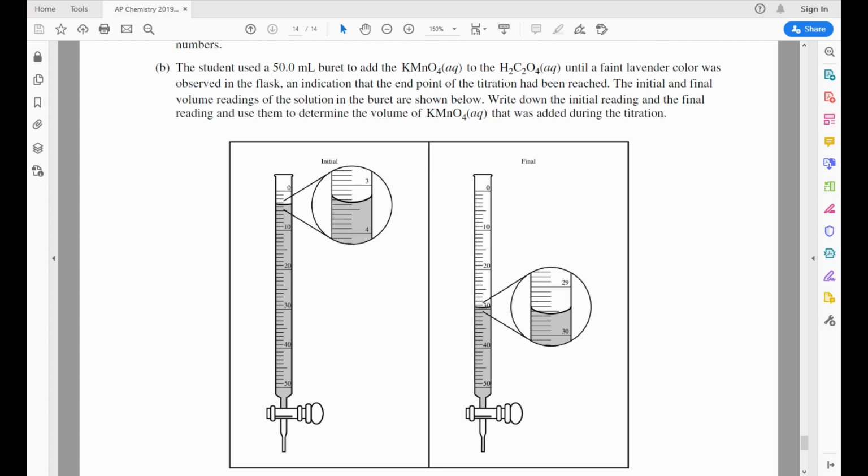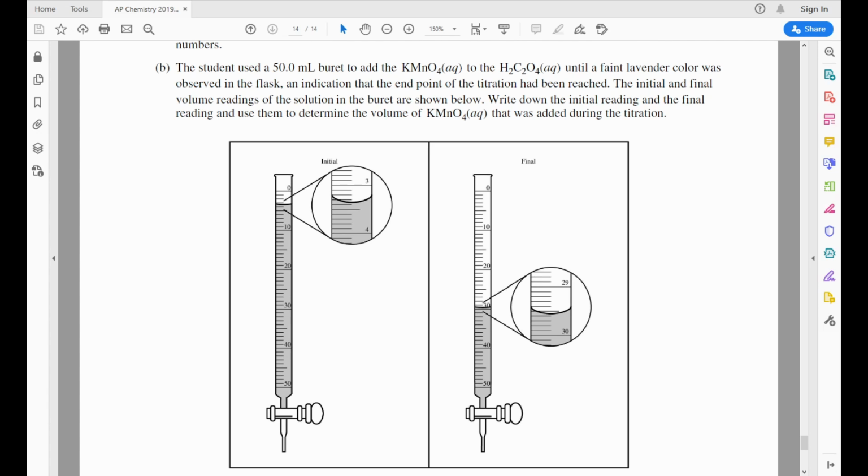If we look at the first one right here, this 3, and count down, it's 1, 2, 3, 4, 5, 6, 7, 8, 9, 10 lines between 3 and 4, which means it would be 0.1 per line. So it's 3.1, 3.2, 3.3, and it's halfway between, so we'd say 3.35 for the initial reading.